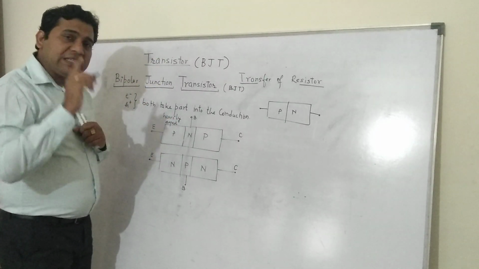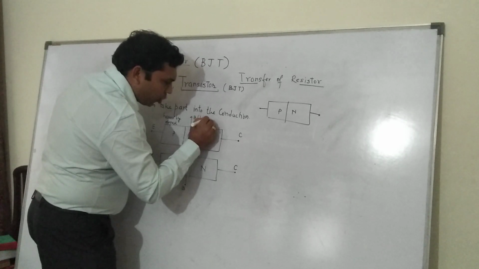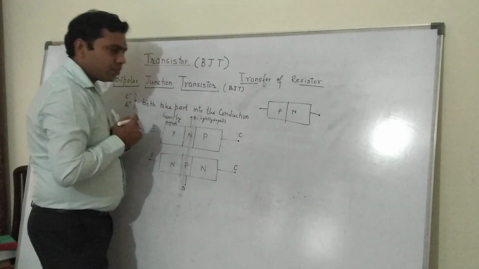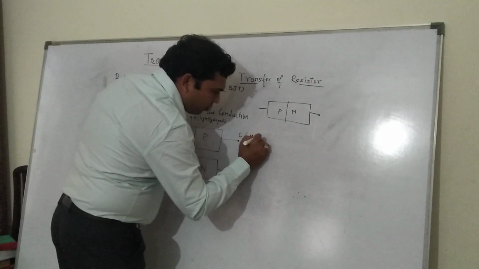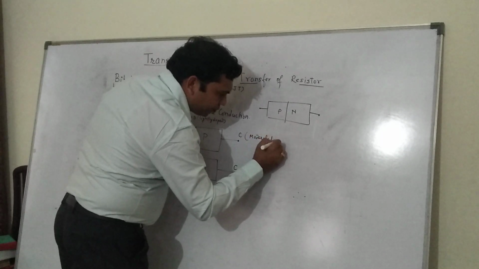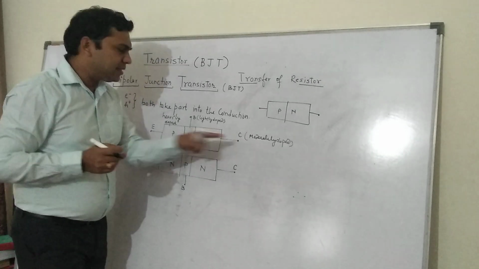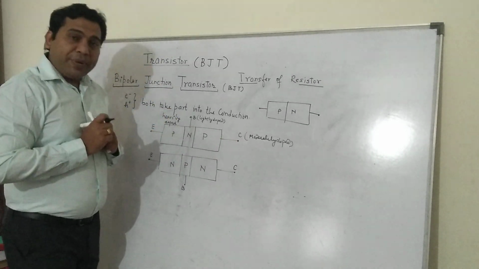Base is always lightly doped. Collector is moderately doped. The doping of collector is somewhere in between the doping of emitter and the doping of base.